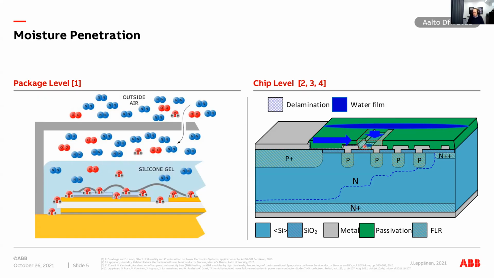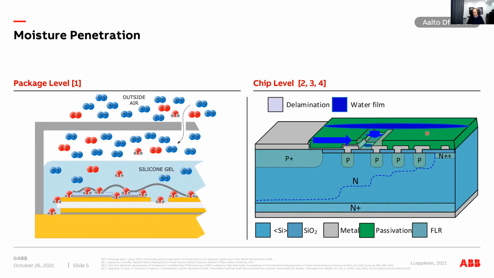So what you need to remember here is that the humidity will eventually penetrate through the packages, and also the chip passivation is typically a problematic one. But okay, let's first concentrate on a case.